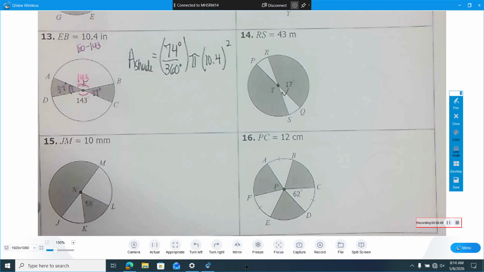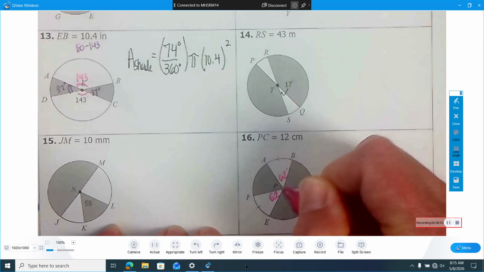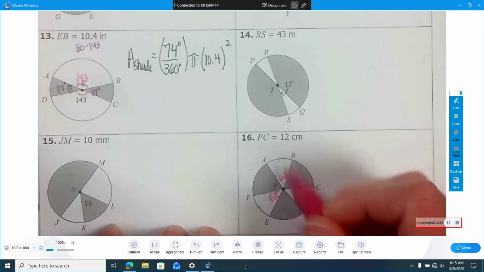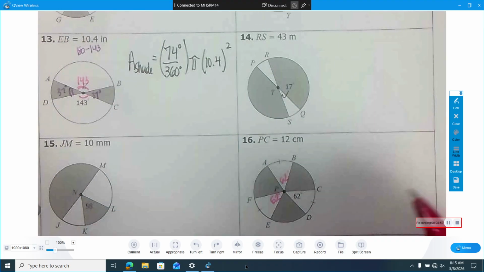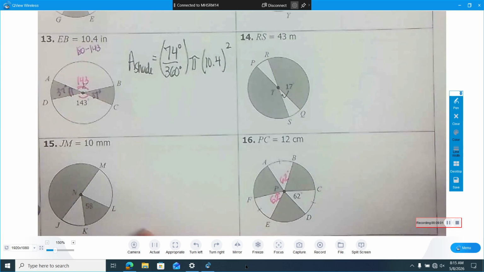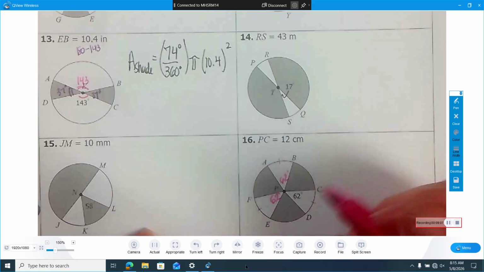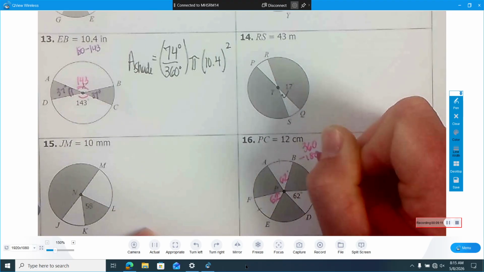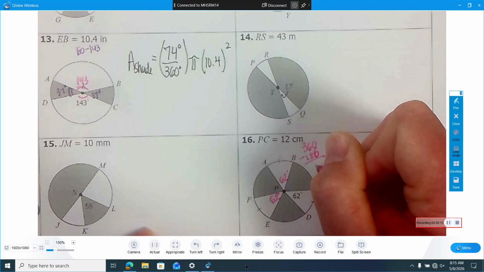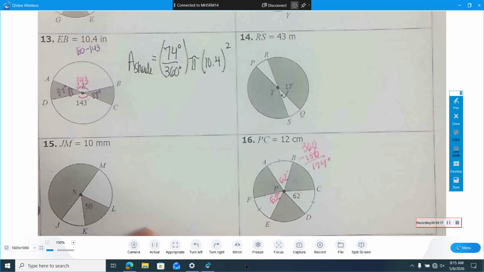Triple 62, because all of these are 62. Very good. We know that they've got congruent intercepted arcs, so the central angles are also congruent. Okay. And then we want to subtract that from 360? So 62 times 3 is 186. All right, so 360 minus 186 is 174 degrees, which must be shaded.